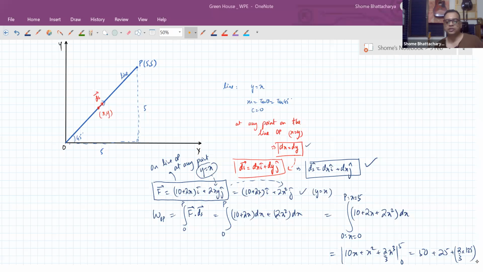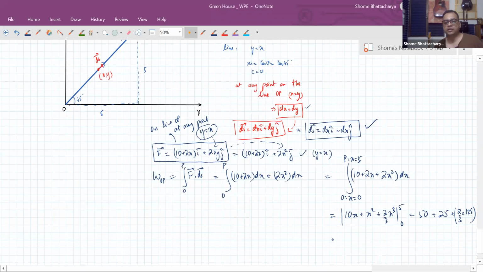So in this path now you can see the work done. Already you can see it's going to be different. The work done is going to be 50 plus 25 plus 250 by 3. So that is 250 by 3, 83.33. Okay.